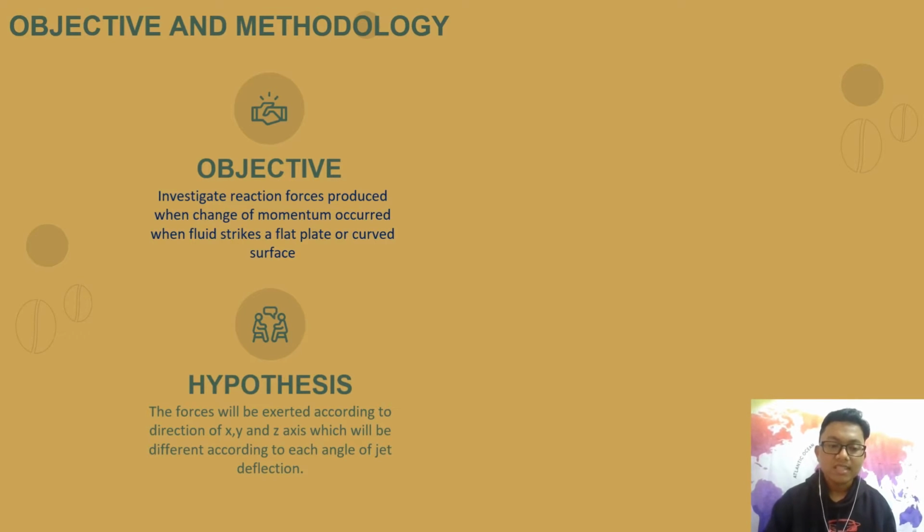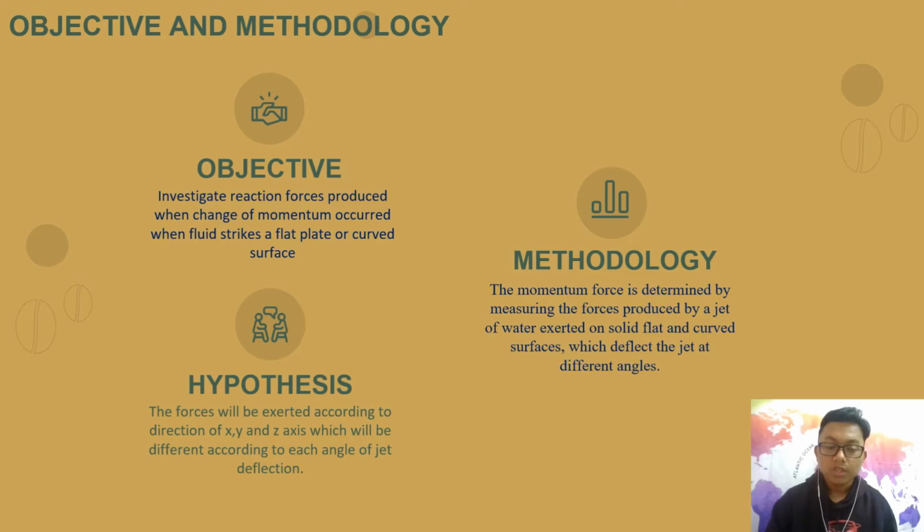For the hypothesis, the forces will be exerted in the direction of the x, y, and z axes, which will differ according to each angle of jet deflection, since we are using two different surfaces. And for the methodology, the momentum force is determined by measuring the forces produced by a jet of water exerted on a solid flat or curved surface, which deflects the jet at different angles on the different types of plate.